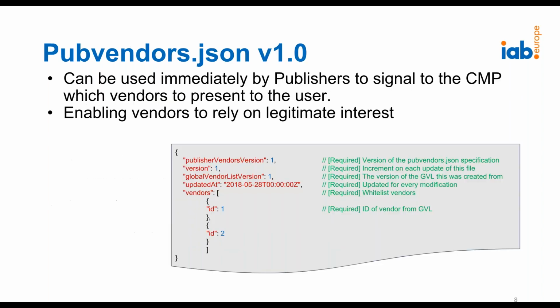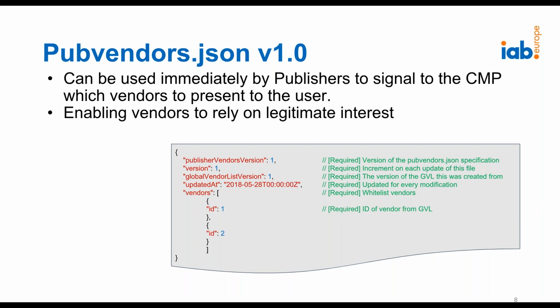I think these are a few more details. So we have in the spec, we call it version 1.0 and version 1.1. Version 1.0 is basically just here to support the CMPs.